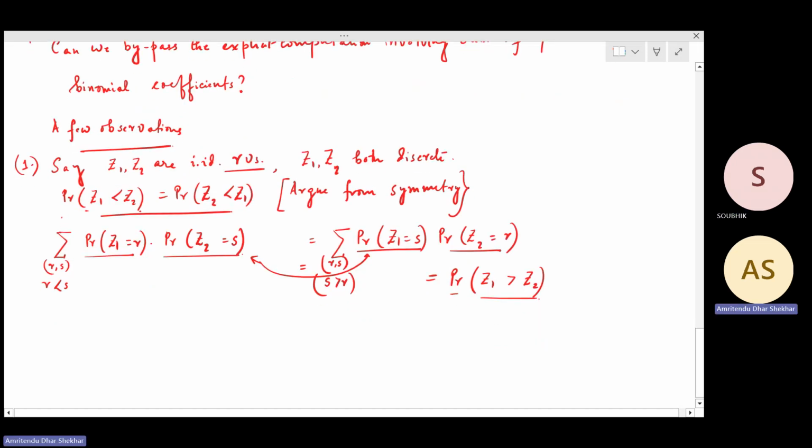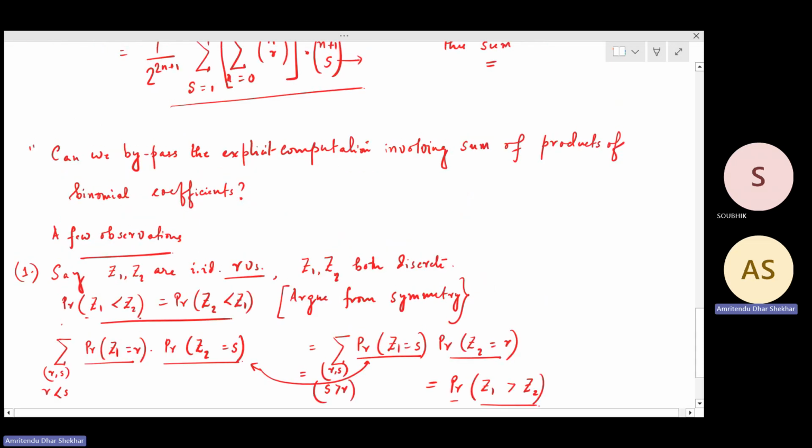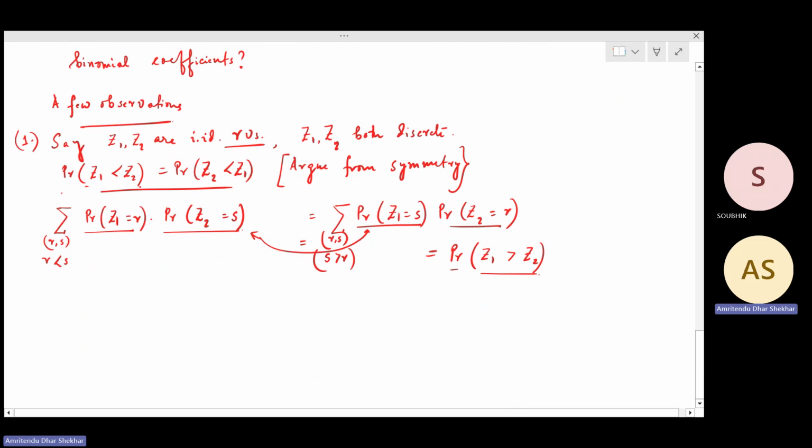Okay. So you're going to make use of this argument somewhere. Now, the second argument is, let's see how to use this argument. So notice that you have three events.